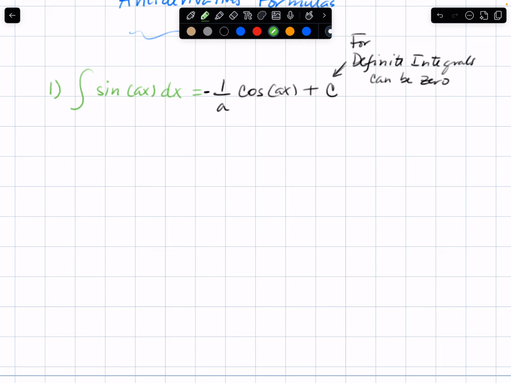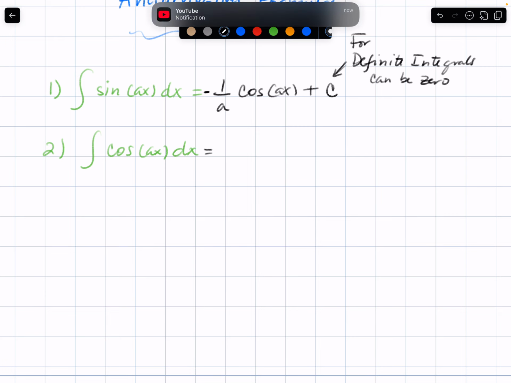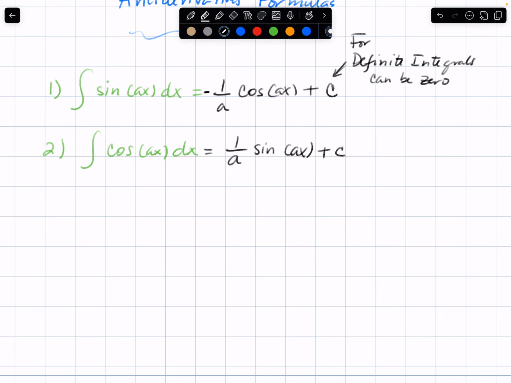All right. Let's move on to cosine, the integral of cosine of ax dx, which will turn into 1 over a sine of ax plus c. C is just a constant.